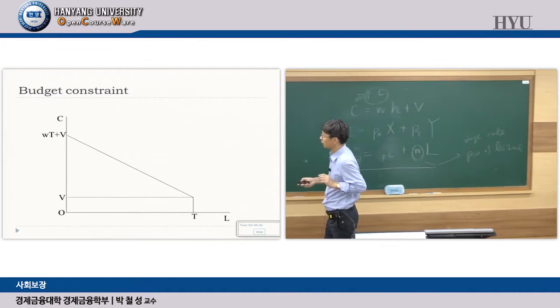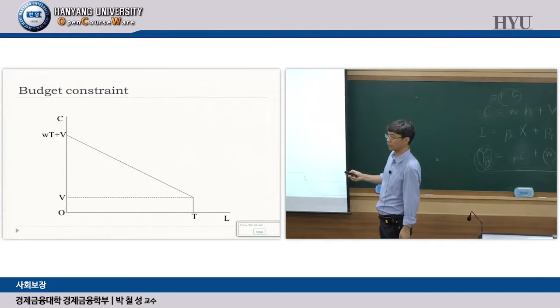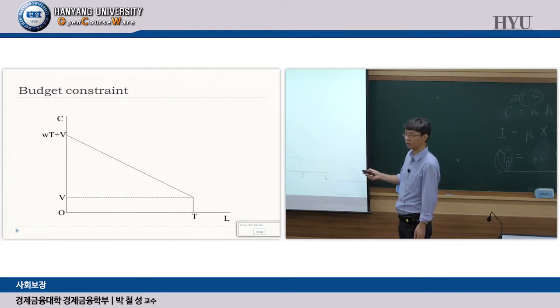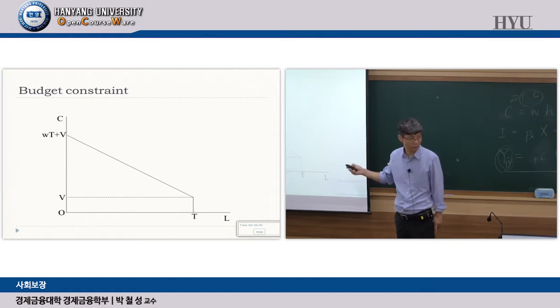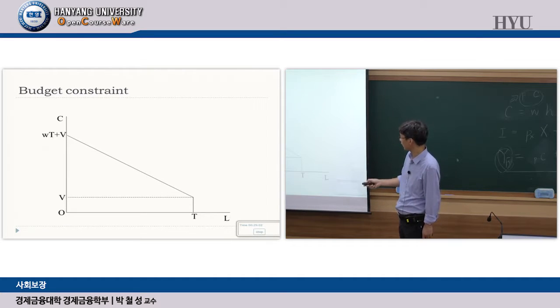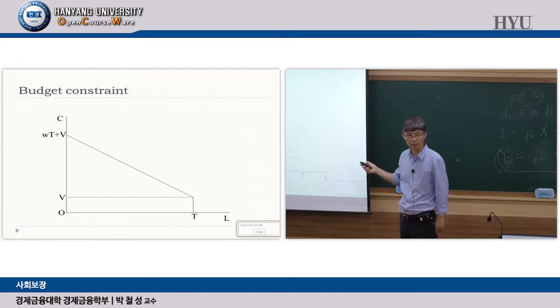From 0 hours, if this person gets 1 additional hour of leisure, this person's consumption should fall by W dollars. That's what this line indicates. As this person has more and more hours of leisure, consumption falls for each hour of leisure by W dollars.